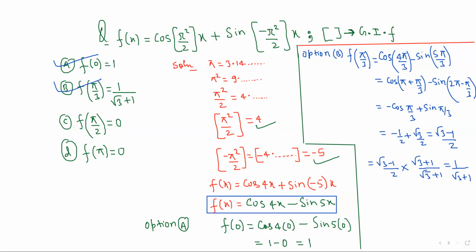Check option C. This is your f(x). f(π/2) is cos 4π/2 minus sine 5π/2. Cos 4π is basically cos 2π, which is 1. Sine 5π/2 is simply sine(2π plus π/2), which is 1. So 1 minus 1, that is 0.